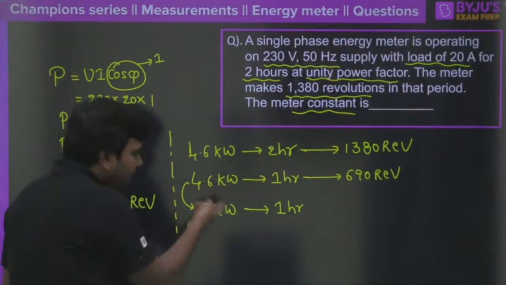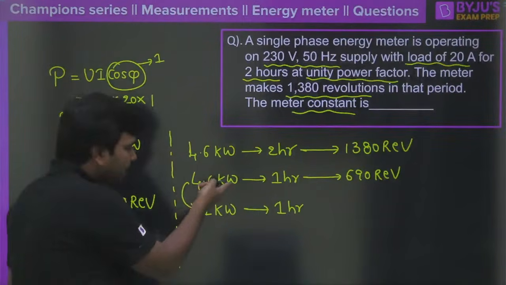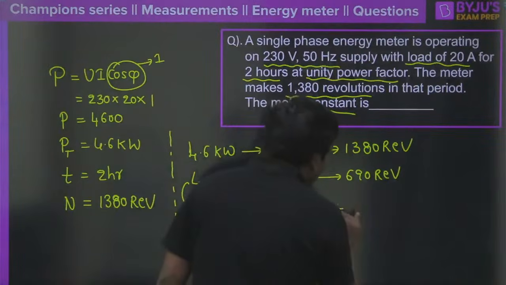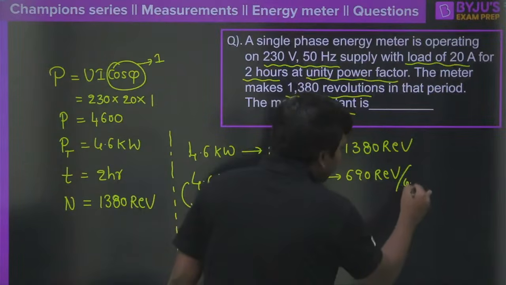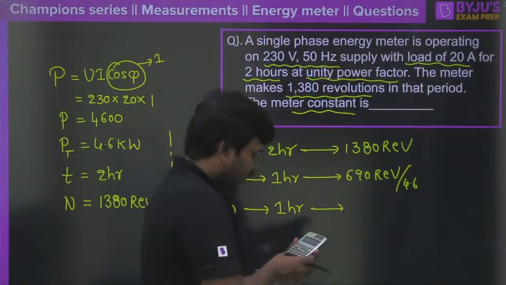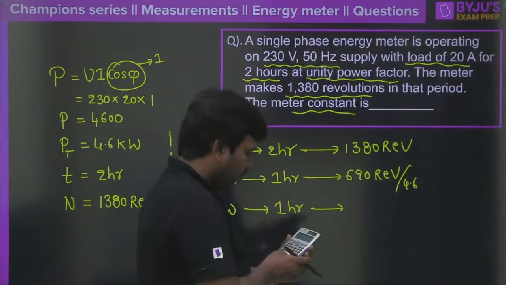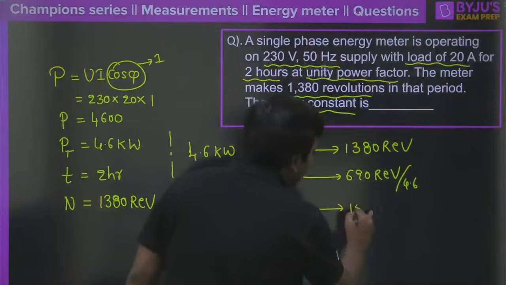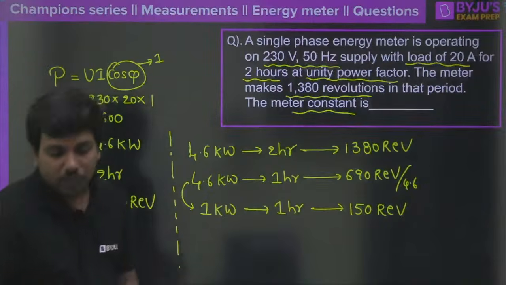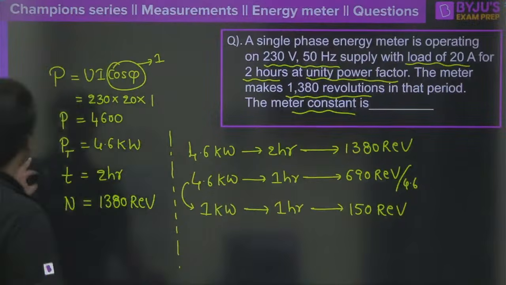Divide 4.6 by 4.6, then you will get 1. So here also you have to divide this value by 4.6. 690 divided by 4.6 is simply 150 revolutions here. Clear? 150 revolutions.